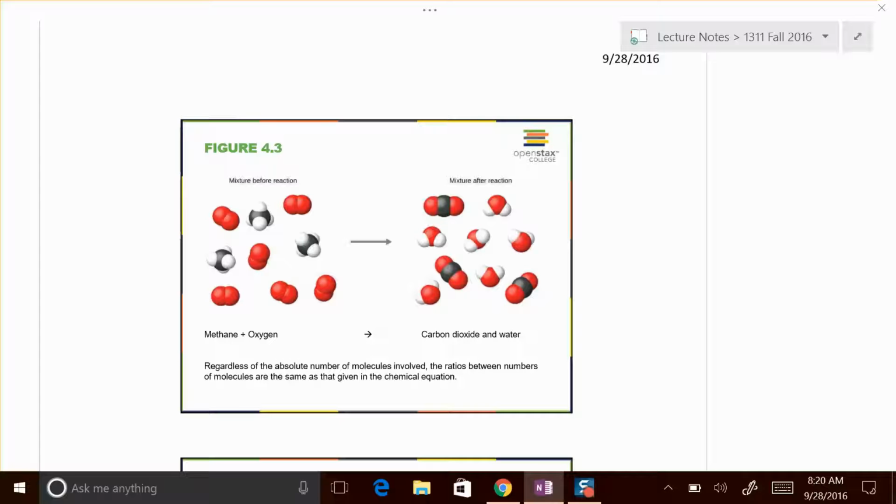And I could figure out how efficient my reaction was based on how much I produced. Let's say these are molar amounts. Each one of these molecules represents a mole, or 6.022 times 10 to the 23rd.